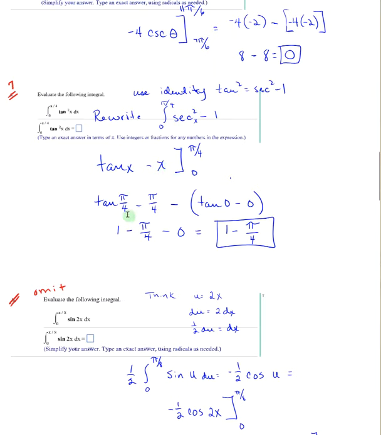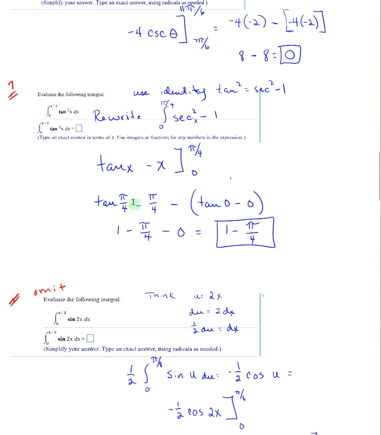So we have tan x minus, integrate 1, you get x, from 0 to pi over 4. So tan of pi over 4 minus pi over 4 minus, and here's where you have to remember that evaluating 0 doesn't always negate everything, because we got some trig things. So we're going to have a value here. Minus tan of 0 minus 0.